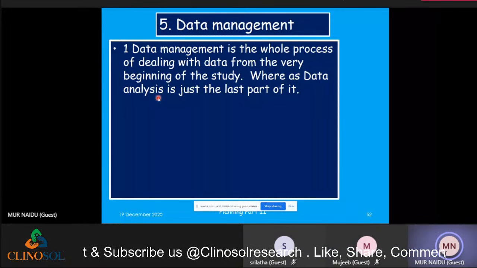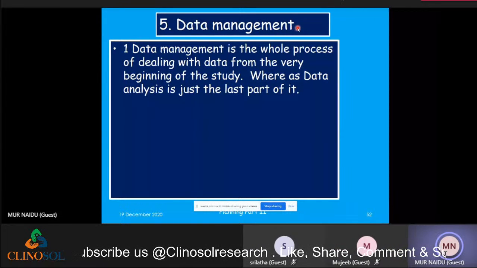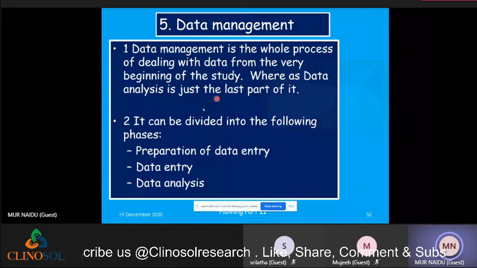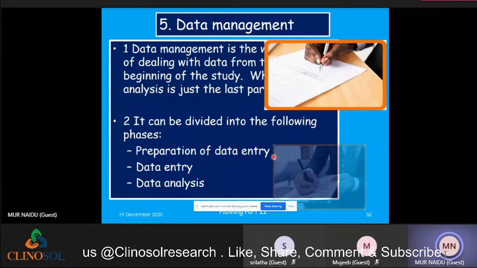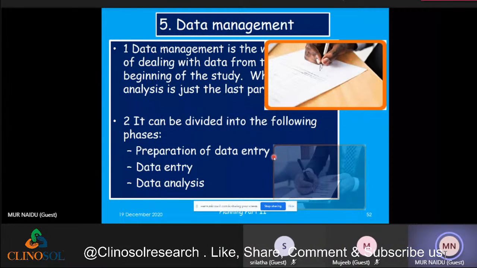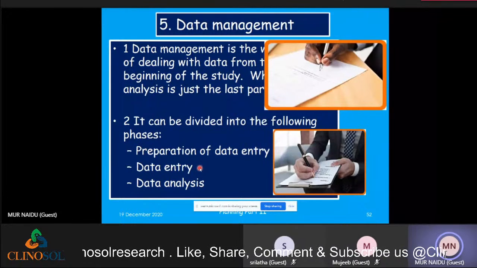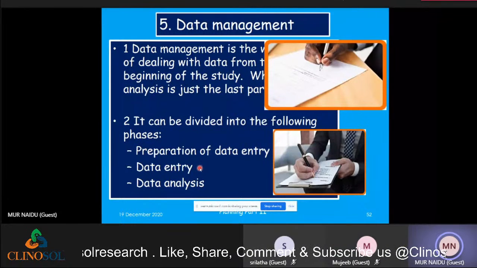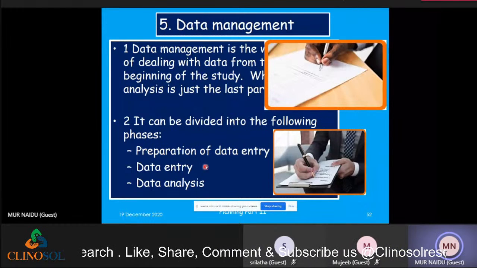We do the analysis, and most of the time we engage a person who does the data management. It can be divided into the following: preparation of the data entry case record form; data entry, where you have to identify the people who are entering your data; and once the data is entered, then data analysis. So there are three phases.